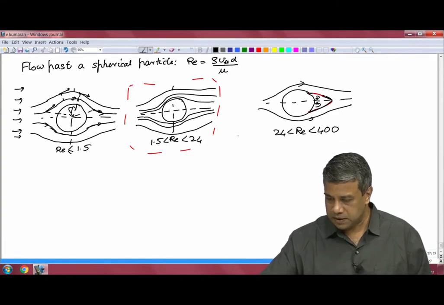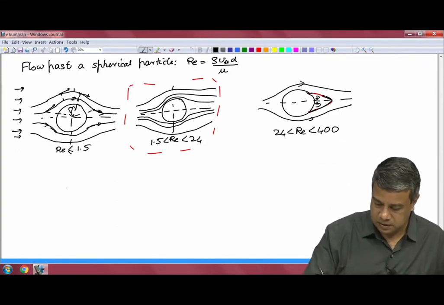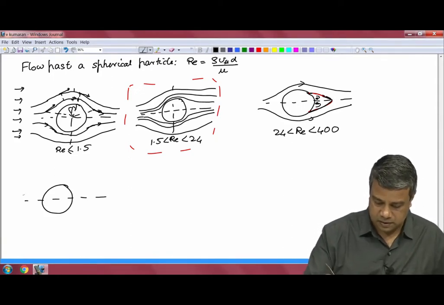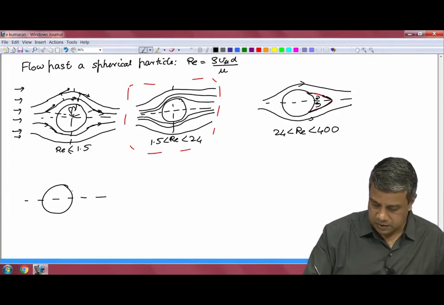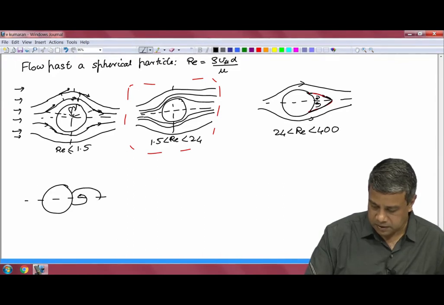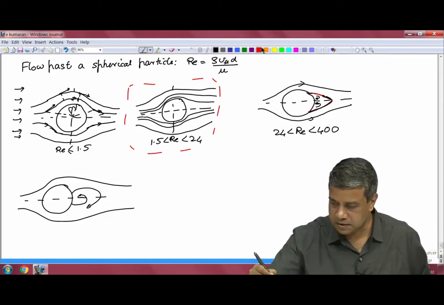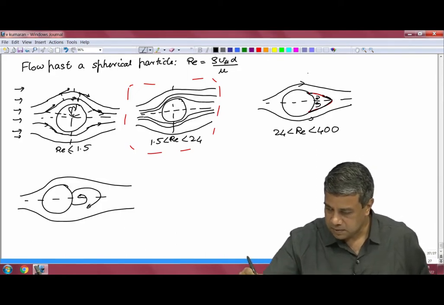When the Reynolds number exceeds about 400, you get what is called a wake formation at the rear. So, on this rear side you have wakes that are unsteady. You have what is called, so this is what is called a separation bubble.